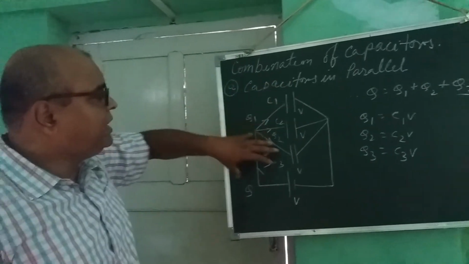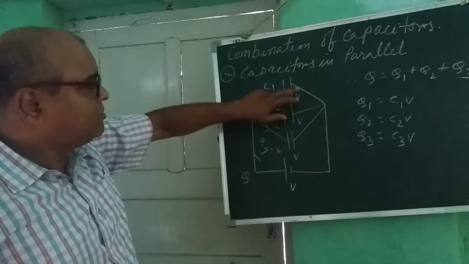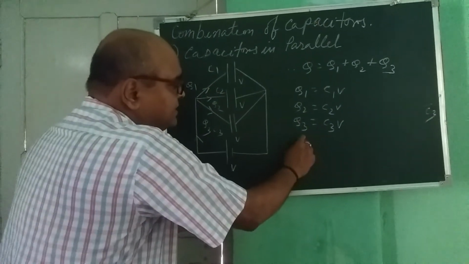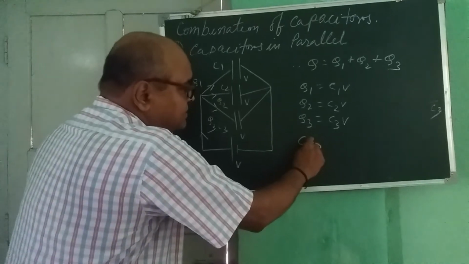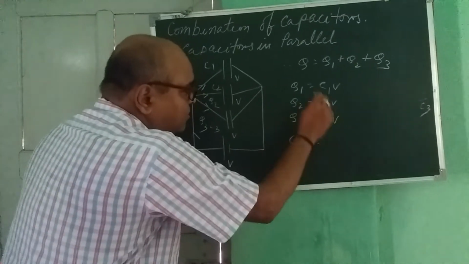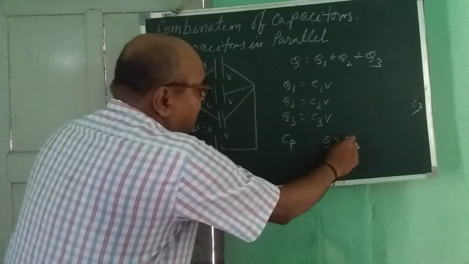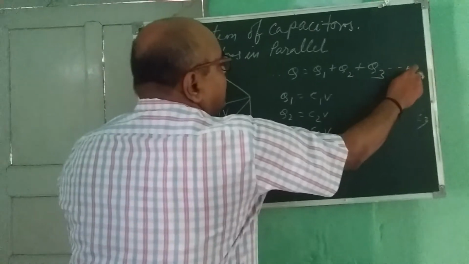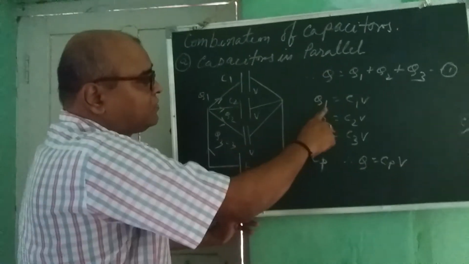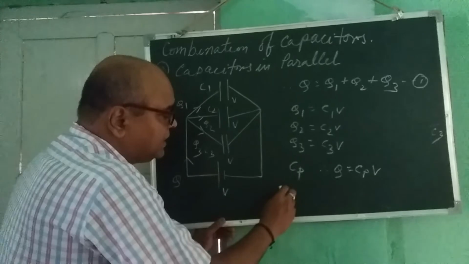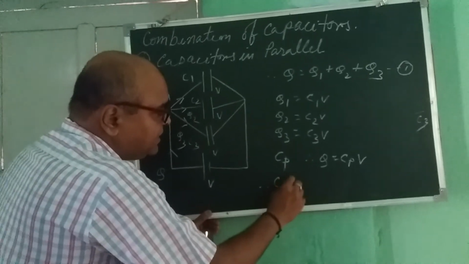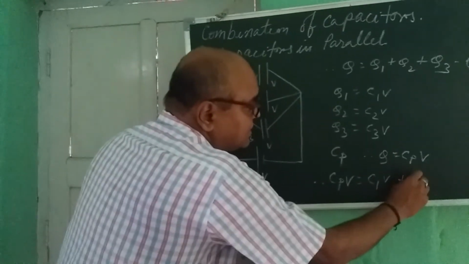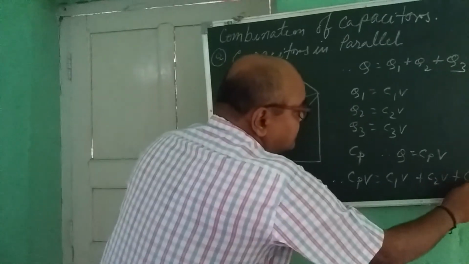Now if we consider only one equivalent capacitor, the equivalent capacitance is Cp. Therefore Q is equal to Cp into V. That is equation 1. If we put the values of Q1, Q2, Q3 and Q, then CpV is equal to C1V plus C2V plus C3V.